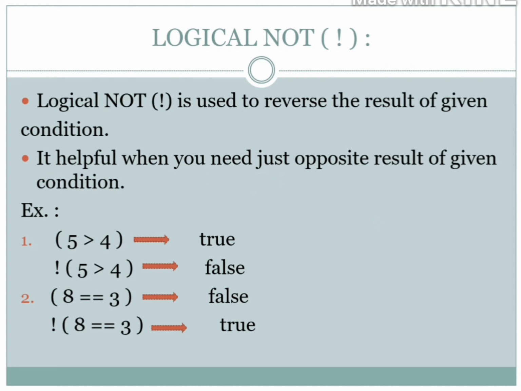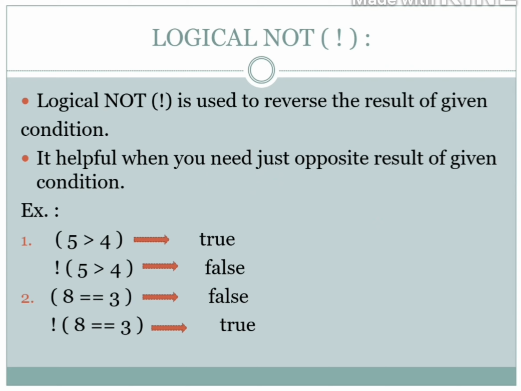Basically, when we want just the opposite result of a given condition, we require logical NOT. See, if we are writing 5 is greater than 4, we know it is true. But if I write logical NOT with that condition, logical NOT says false, just the opposite of the given condition.